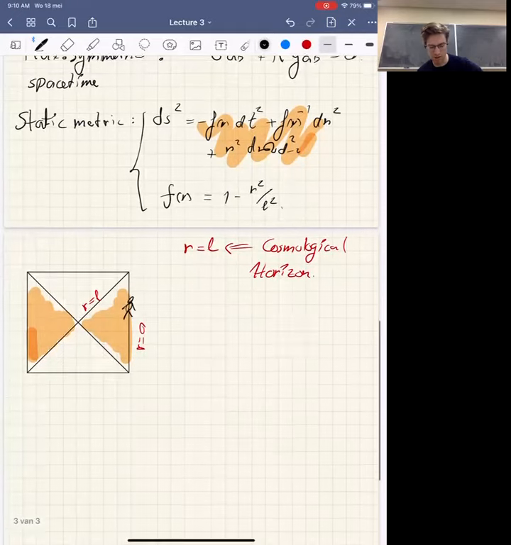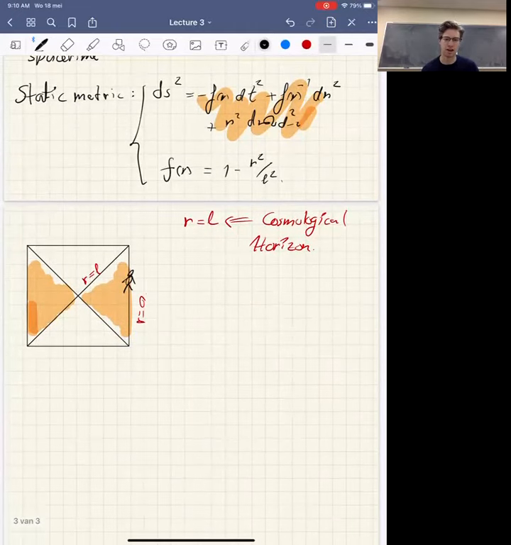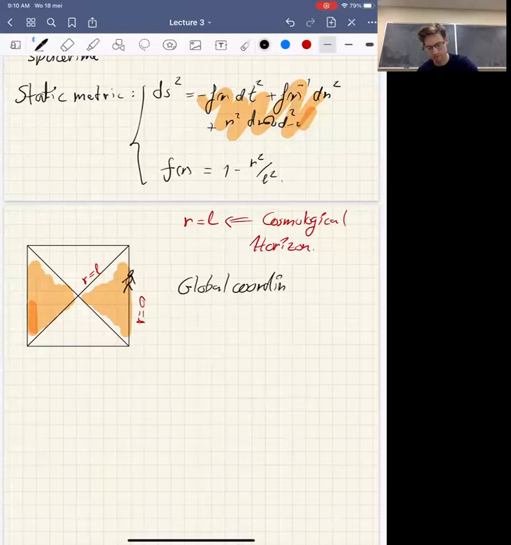Okay, of course, it would also be nice to have coordinates that cover the global Penrose diagram. So we can introduce coordinates that give this global cover. In those coordinates, the metric looks as follows.